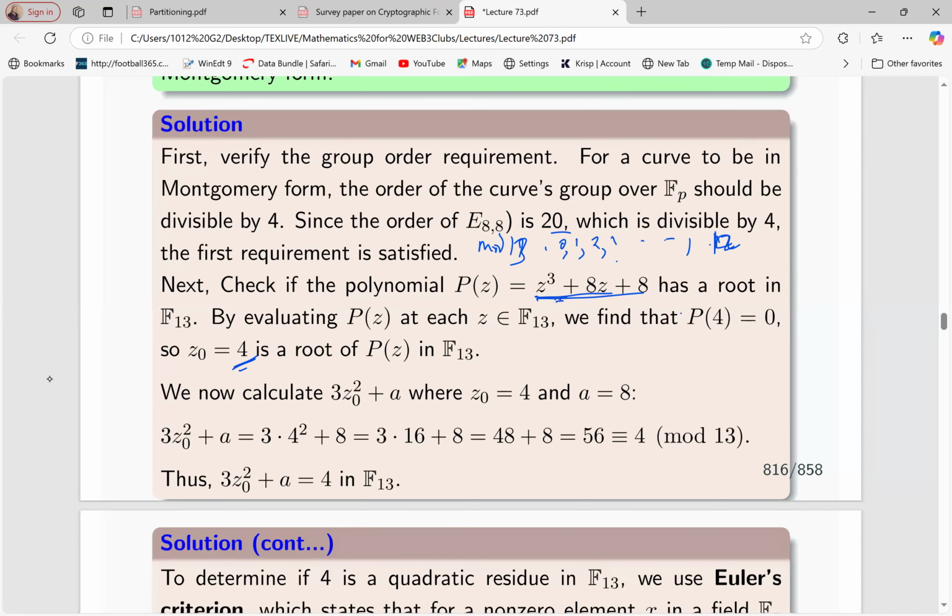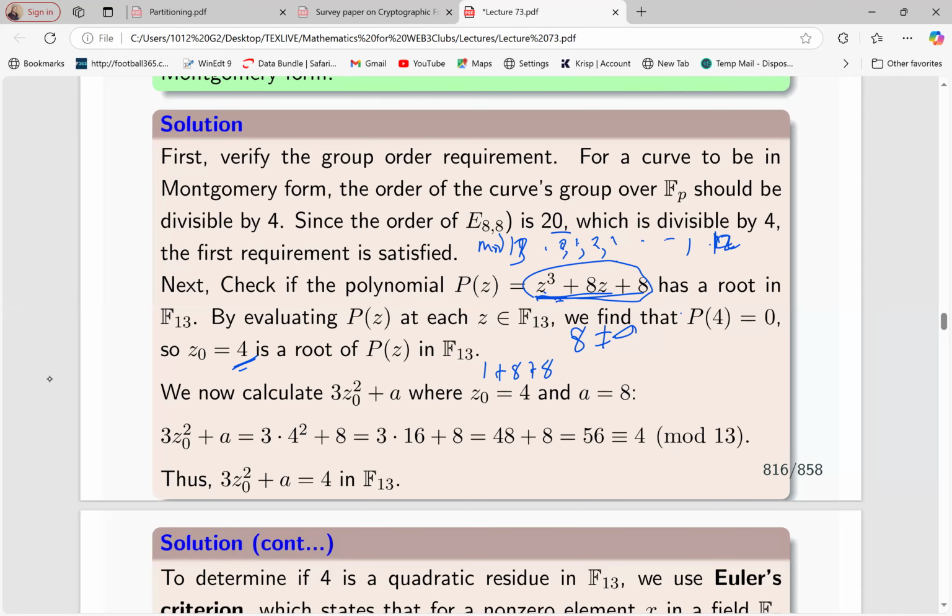When you try to substitute 0 in this equation, you get 0 cubed plus 8 times 0 plus 8, which gives you 8. And 8 is not 0, so that means 0 is not a root. You try 1. So 1 cubed will be 1, plus 8, plus 8.